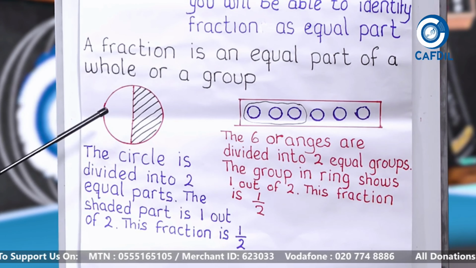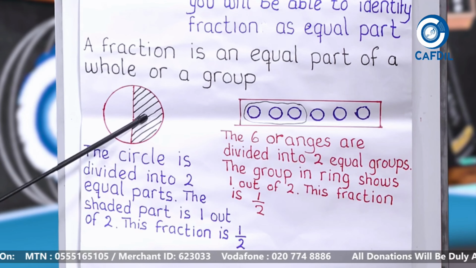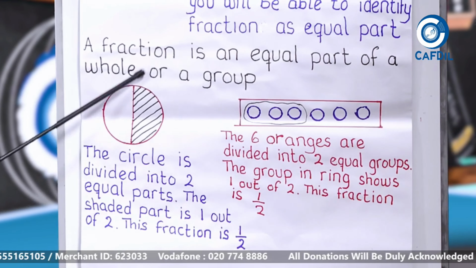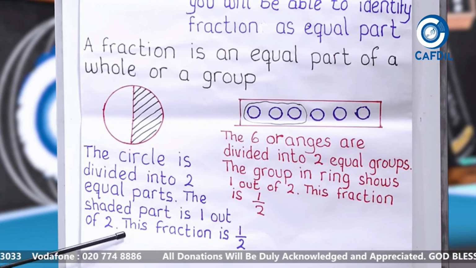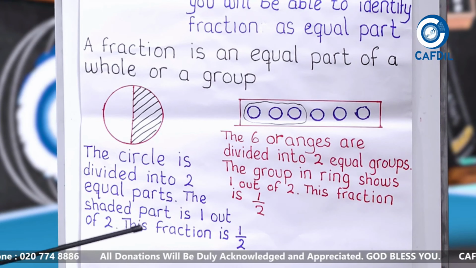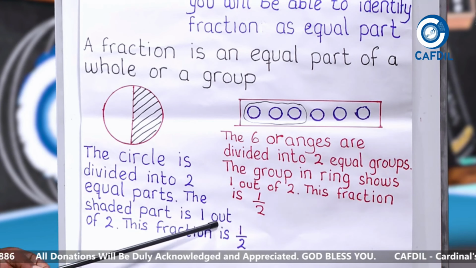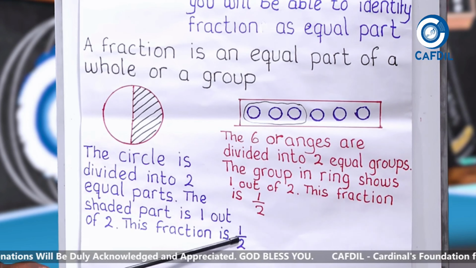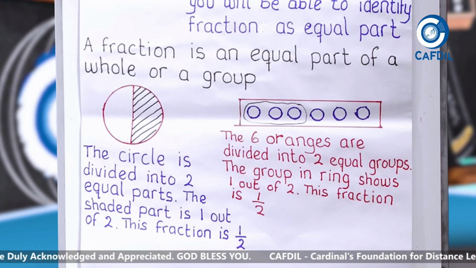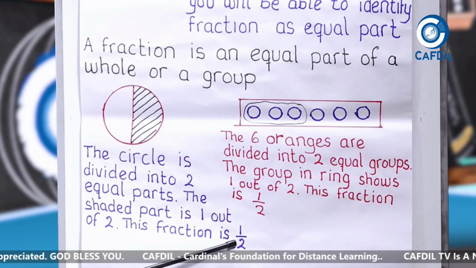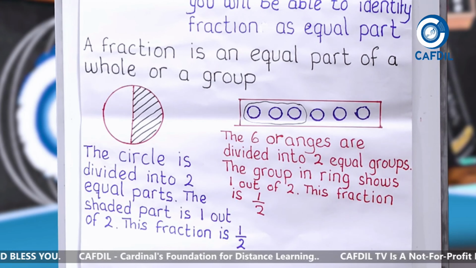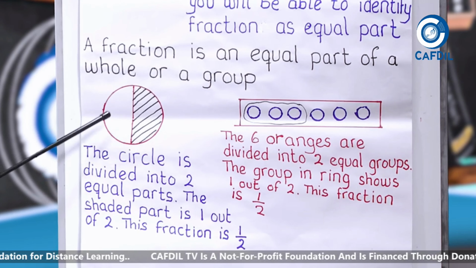The 2. It's 1 and then 2. And 1 has been taken out, or 1 has been shaded. So when we look at this fraction, we will say that this fraction is 1 out of 2, or we say 1 half. This is fraction as a part of a whole. This is the whole thing.